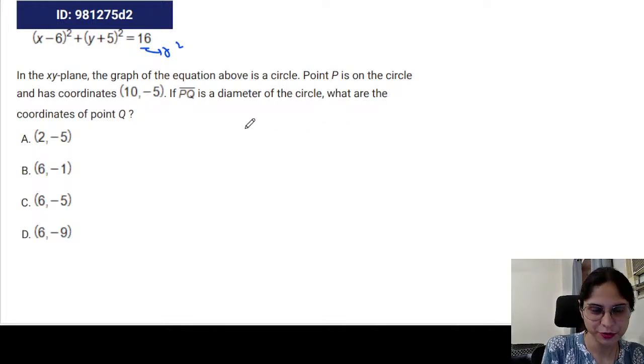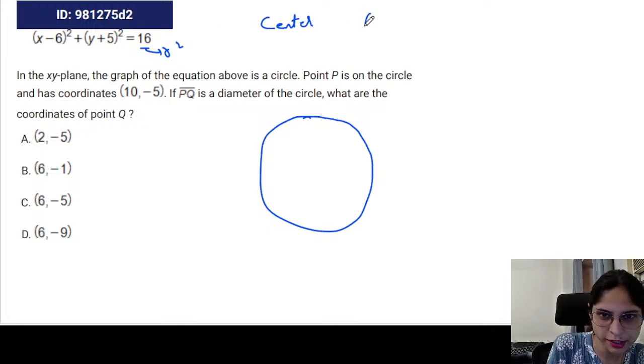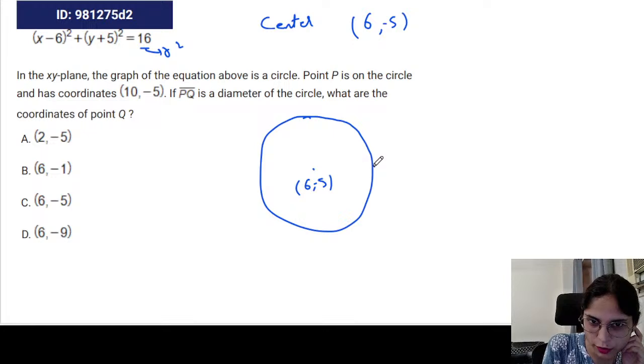Alright, so for this you can just make the diagram over here. Your center is, for this circle, 6, -5. So 6, -5 is going to be here. Now P is 10, -5, that means P is over here.